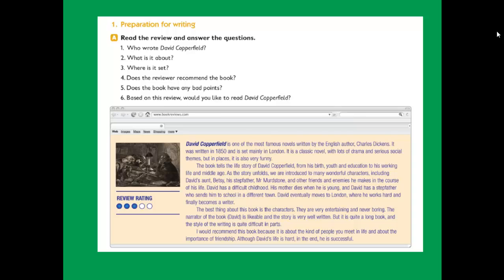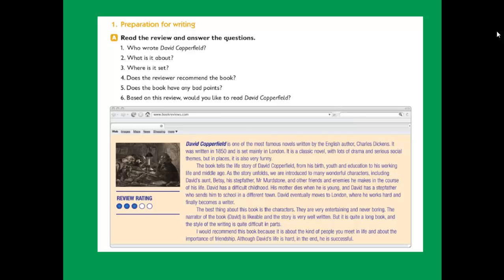It has, because it's a long novel, it's a long book. And at the same time, the style is difficult. Finally, number 6. Based on this review, would you like to read David Copperfield?